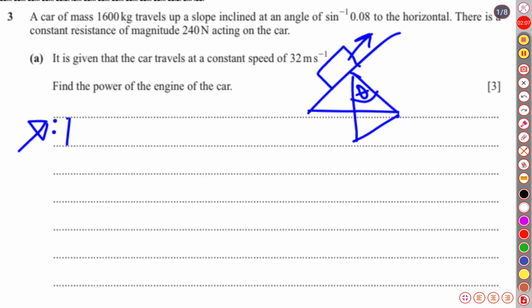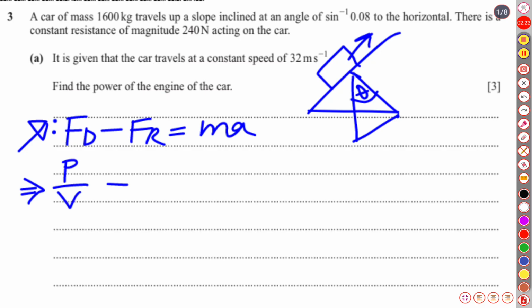The concept is: driving force minus resistance force is equal to mass into acceleration. We know the driving force is power over velocity. First, there is a frictional force, a constant resistance to the motion of 240 Newton, and there is another resistance to motion because the weight component also resists the motion.